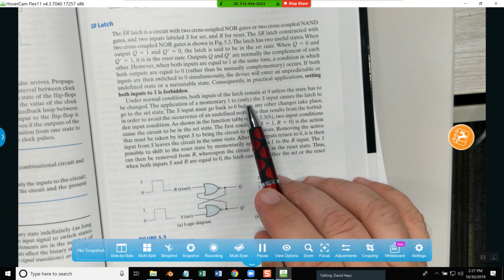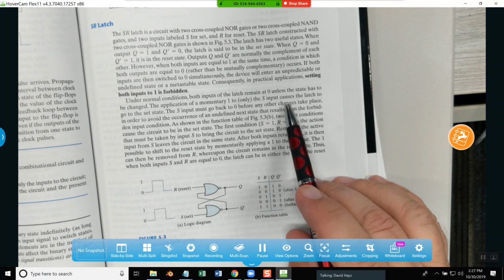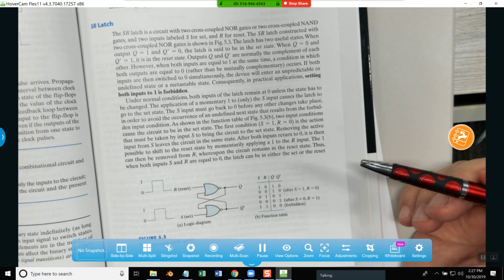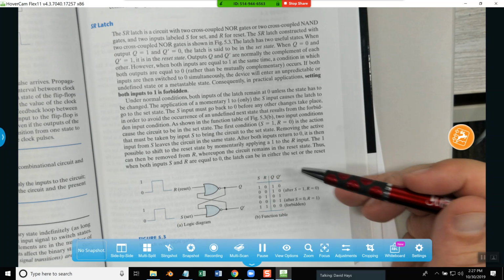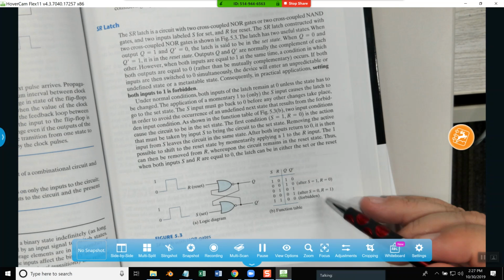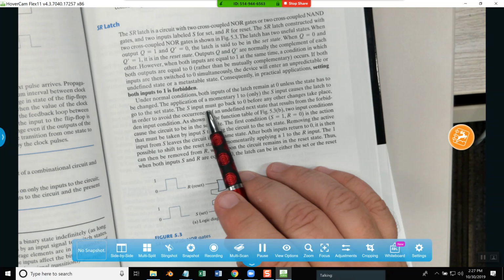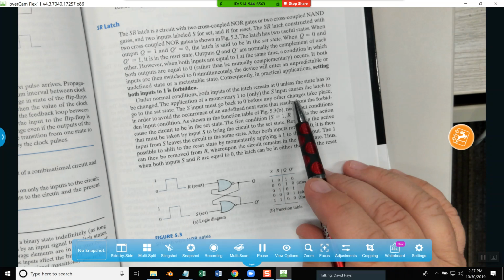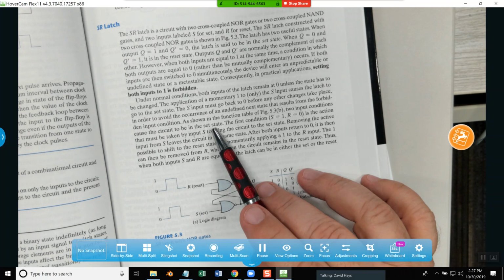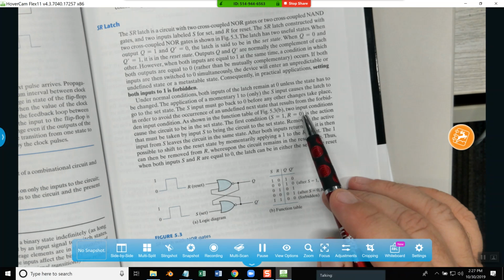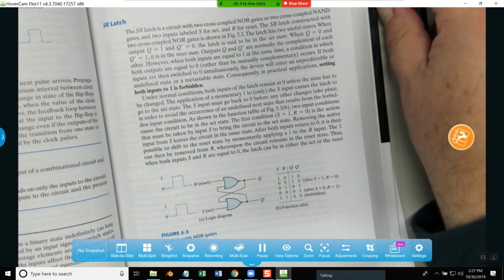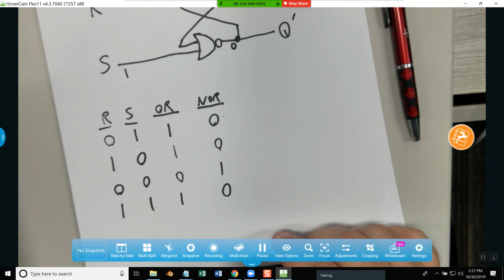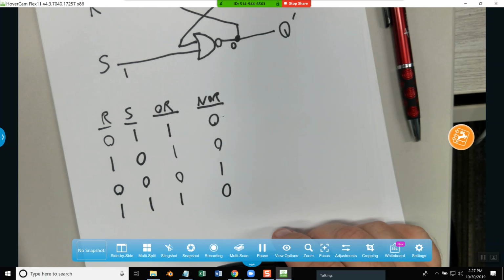The S input must go back to zero before any other changes take place, in order to avoid occurrence of an undefined next state that results from the forbidden input condition. Okay, so that's where the zero and the one come from there.